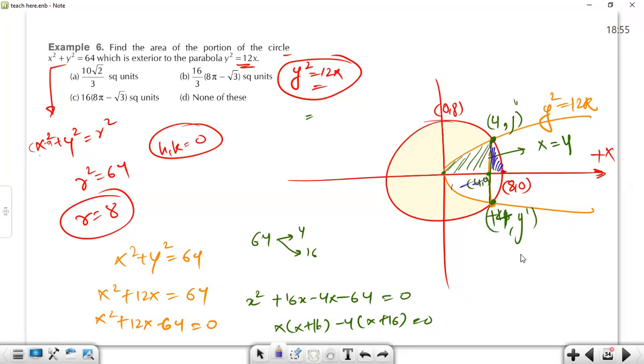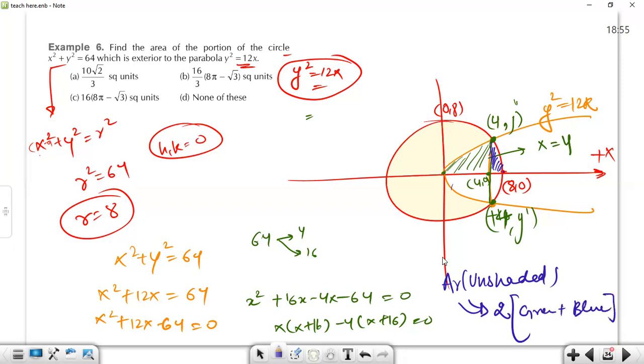Let me rewrite. The area of the unshaded region, we'll find out by doubling this area, the green plus blue. Are the things clear till now, that how we are finding the area of the unshaded region? Yes. Means not the yellow region.